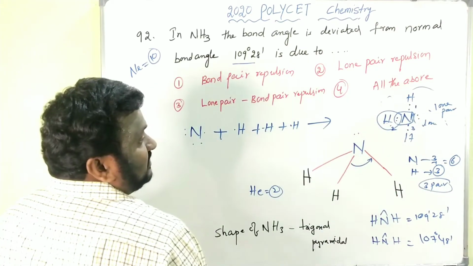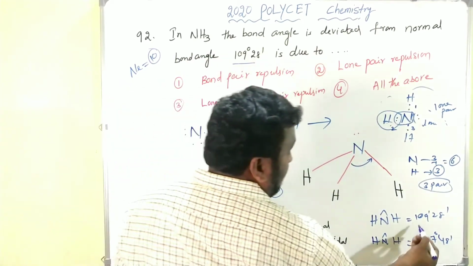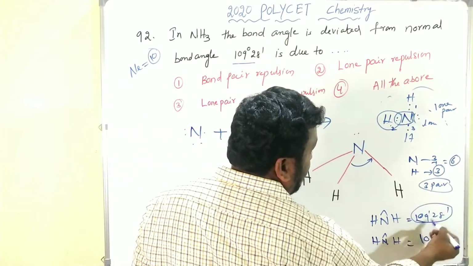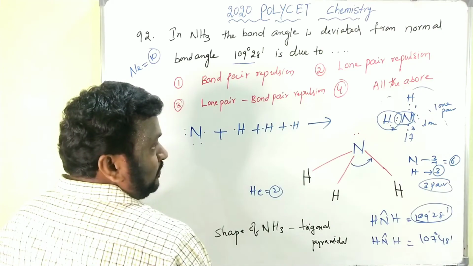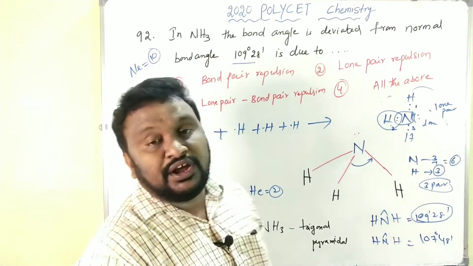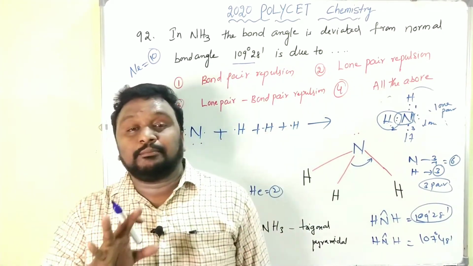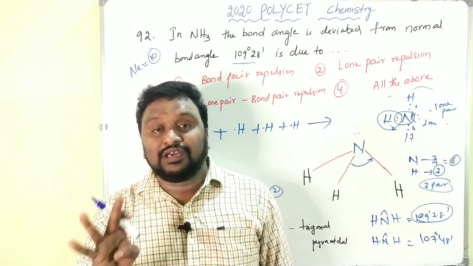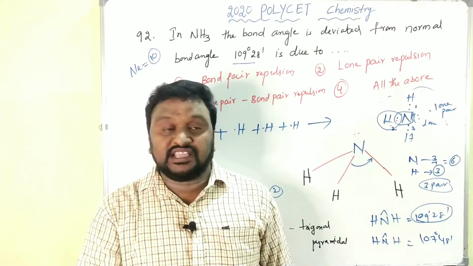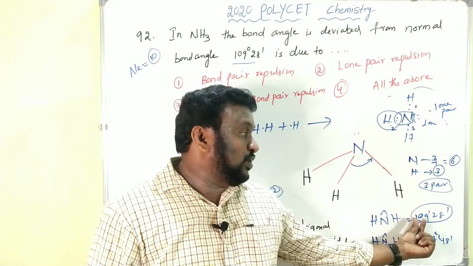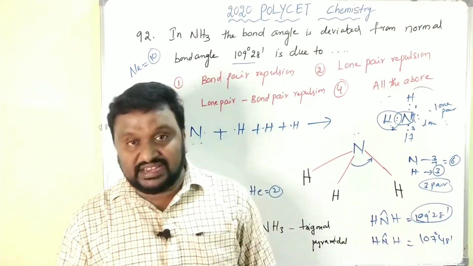So due to that, it should be having some angle, 109 degrees 28 minutes. So with the availability of 4 pairs of electrons in the NH3, that should be having 109 degrees 28 minutes.